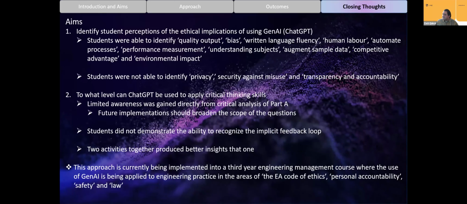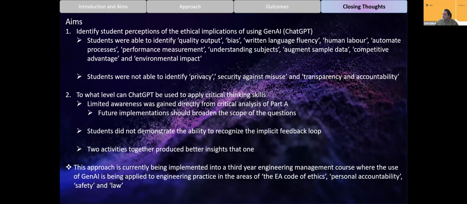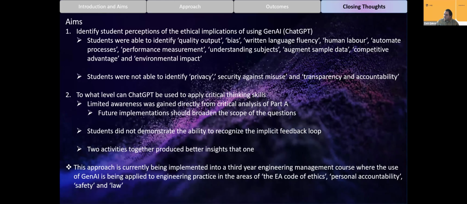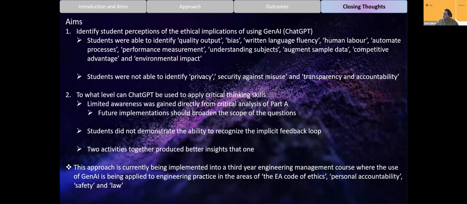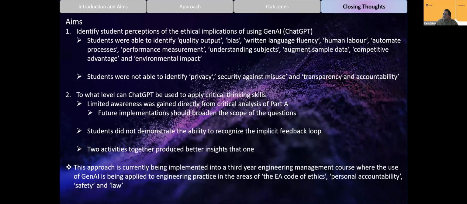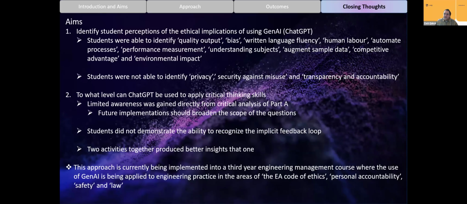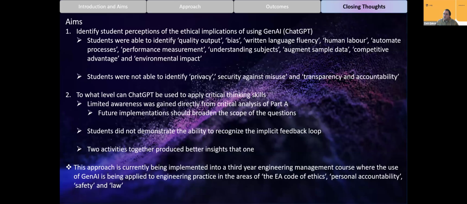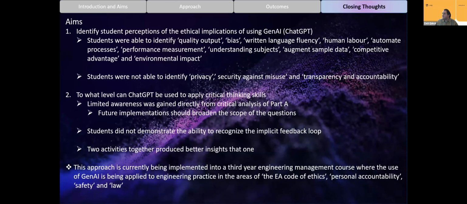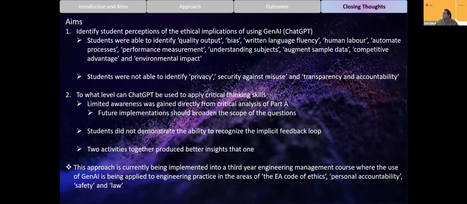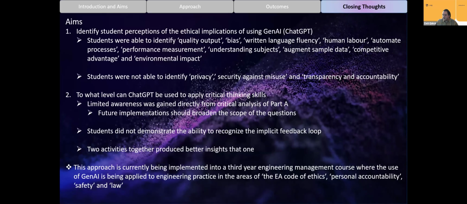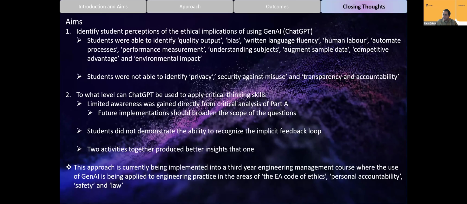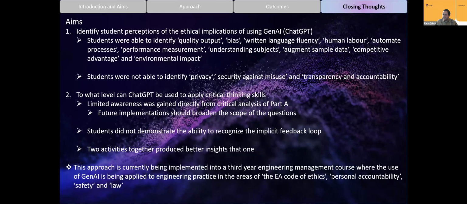Students didn't recognize the ability of the implicit feedback loop, which was not surprising. We did see one or two students actively able to use it, which was good to see. But the biggest thing we saw out of this project was that both activities work together to give better insights, rather than it just being a breakdown or just a reflection.